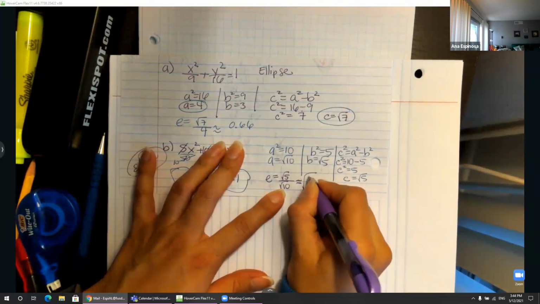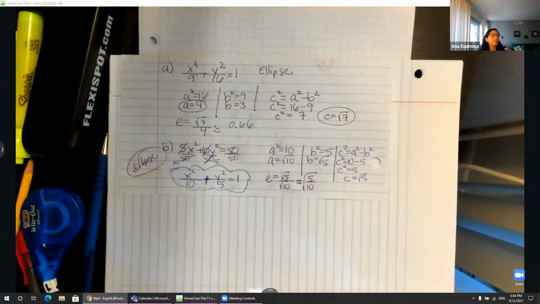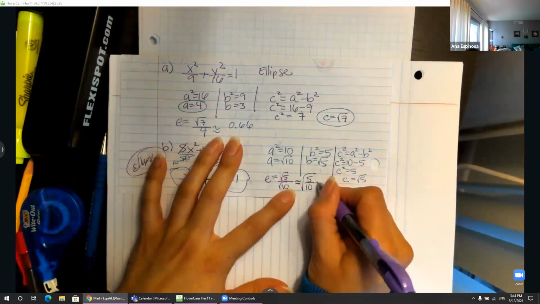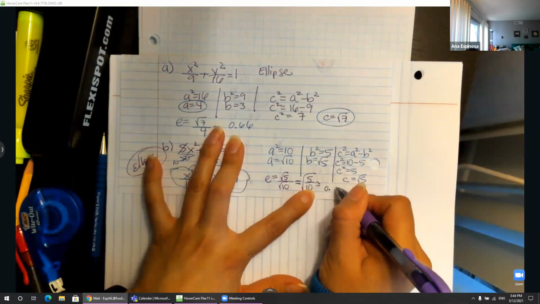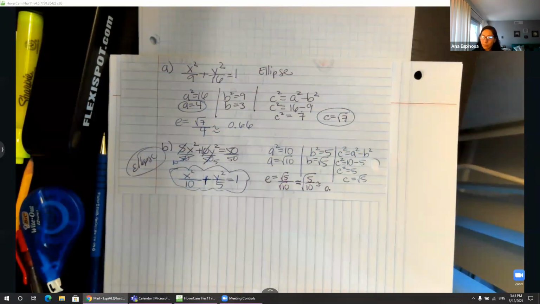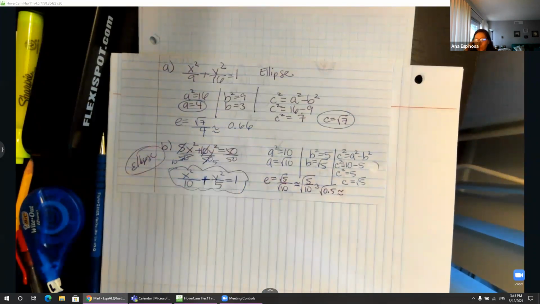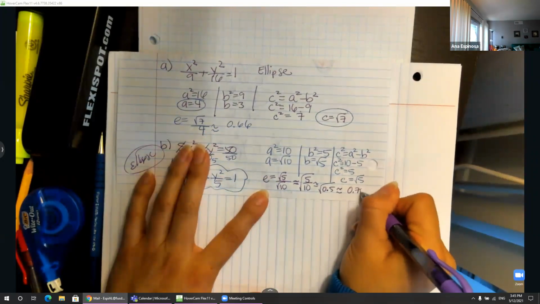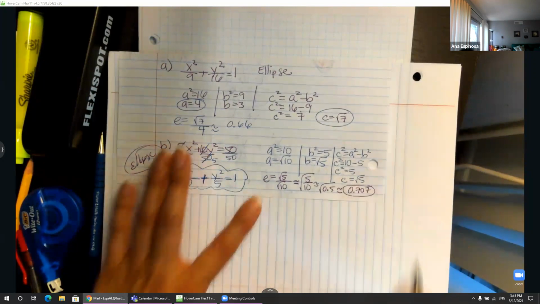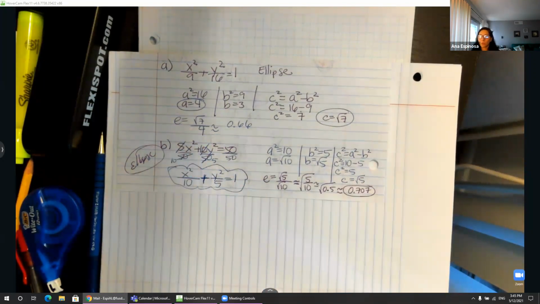There's a rule, I don't know if you know: if you have a square root of a number on the top and a square root of a number on the bottom, it's the same thing as the square root of both numbers divided, which is a half. If you divide 5 by 10, you can put in the decimal, whatever is easiest to you. Notice I'm running out of paper. You can just do the square root of that, which is 0.707 or something like that, depending on how many decimals they want you to round it to.